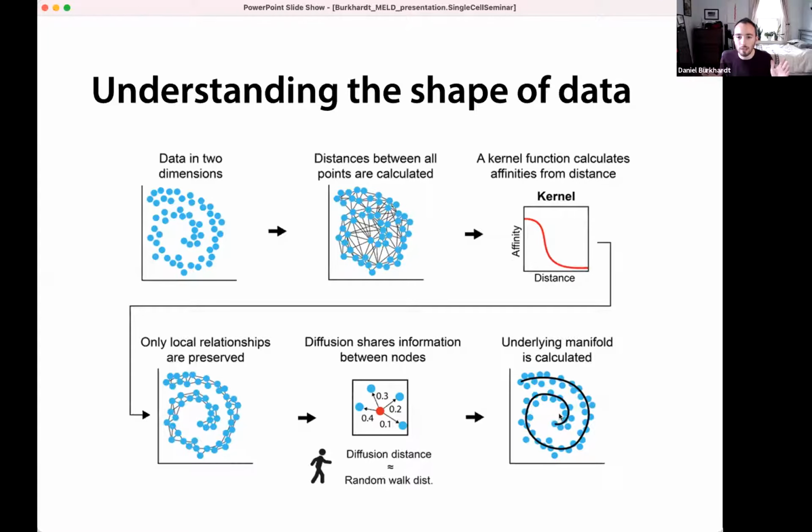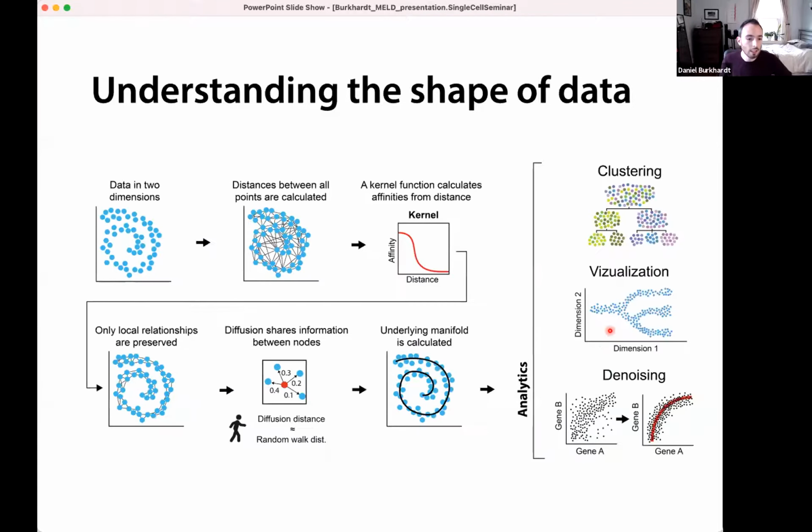And when I say geometry, I mean we want to know how far is this cell from this cell, and it's not actually just the distance in X and Y here. We actually know, because of this manifold learning, that you have to walk around the data set to actually identify that true underlying distance in the data set. We can then use this geometry to perform a bunch of different kinds of downstream analytics tasks.